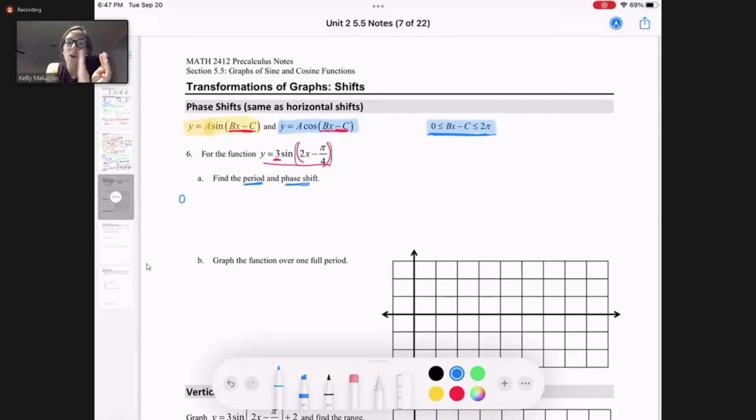So where do I start? Where do I end? That's our shift, right? So 0 is less than or equal to 2x minus pi over 4, which is less than or equal to 2 pi. Okay, so first things first, we add pi over 4 to every side.